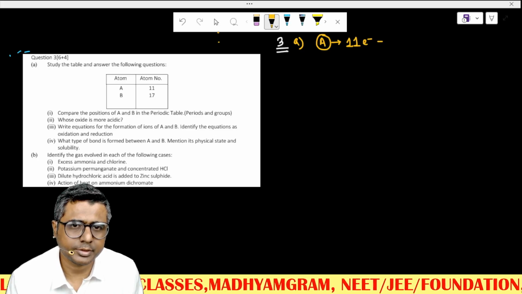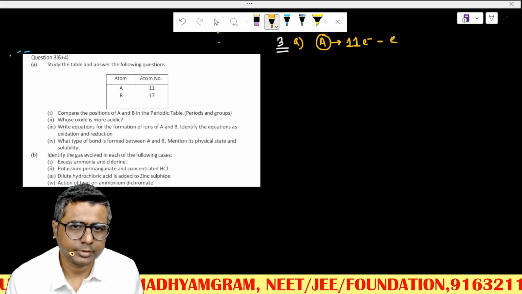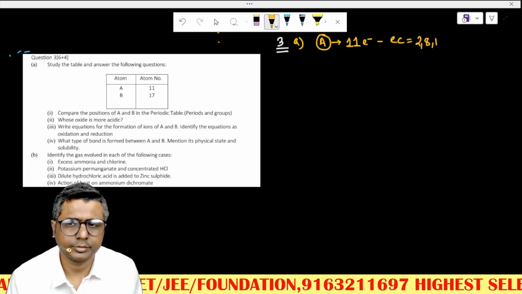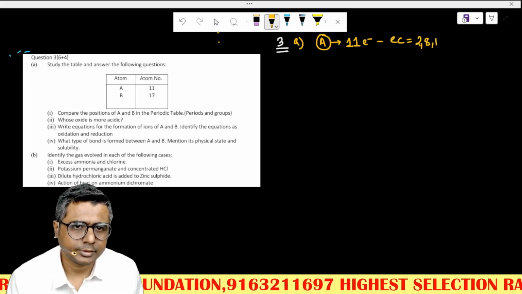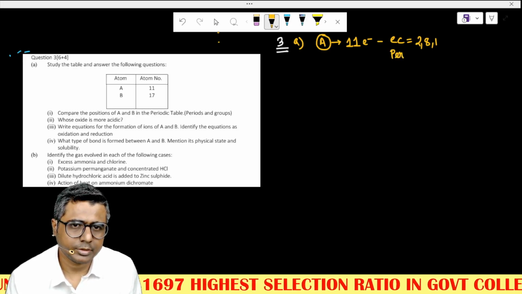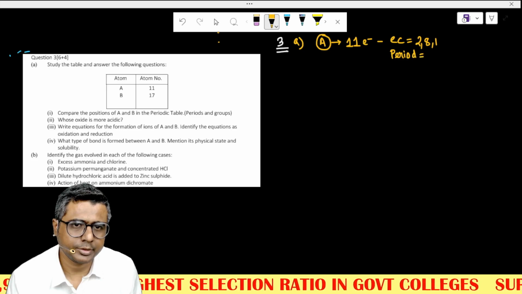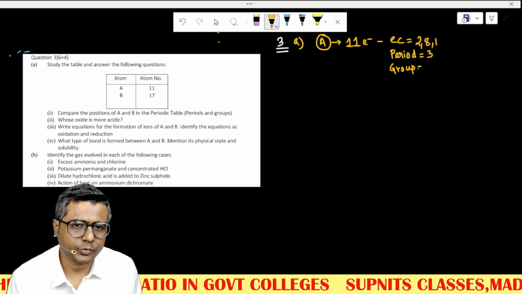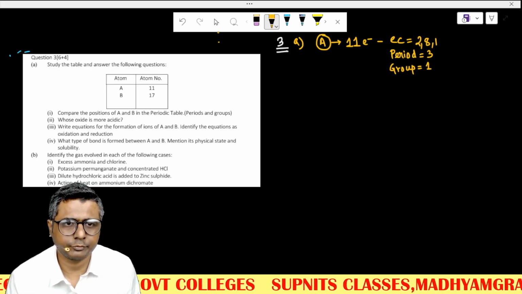So I'll first write down its electronic configuration, 2, 8, 1. Once I get this, the number of shells is 3, so this will be in period 3, and its group will be 1, correct, because the valence electron is 1.